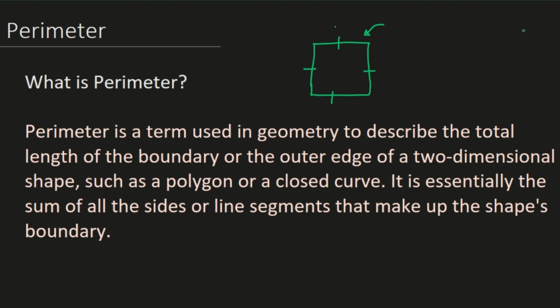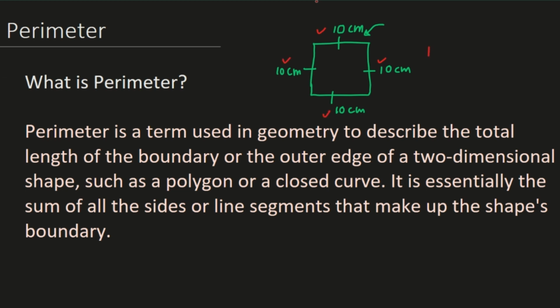For example, if we take the side of this square as 10 centimeters, right? Then you know that all the sides are equal to 10 centimeters. So in order to find the perimeter of the square, what do you have to do? You just simply have to add all these four lengths together.